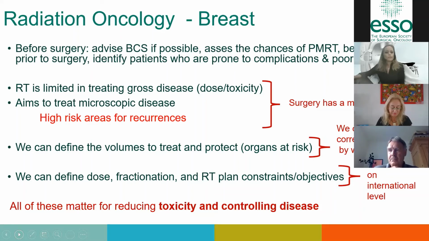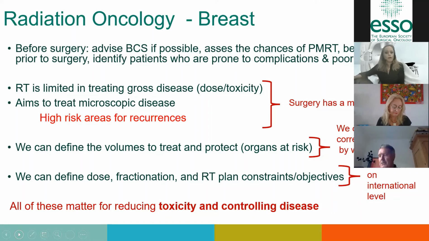It is important to know that radiation is limited in treating gross disease because of dose and toxicity, and radiation is aimed at treating microscopic disease, the high-risk areas of recurrence. Surgeons have a major role in helping us make the radiation successful.